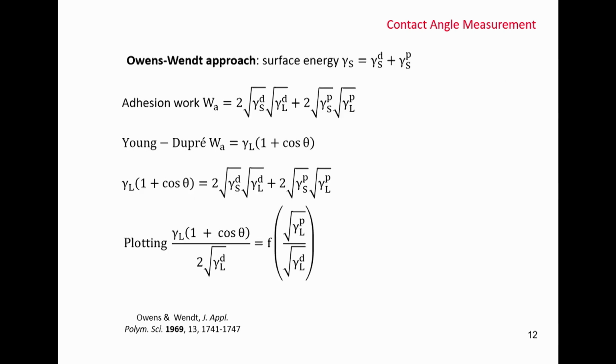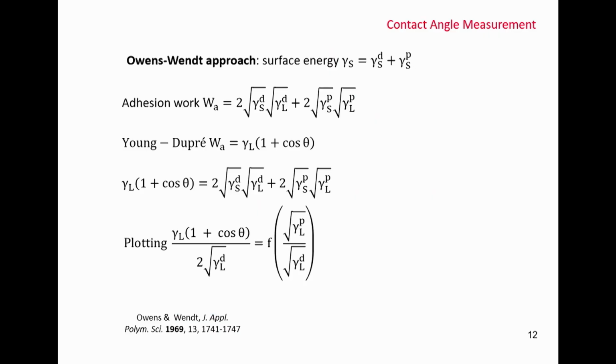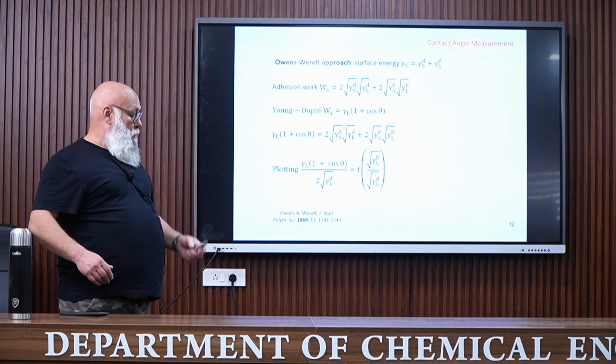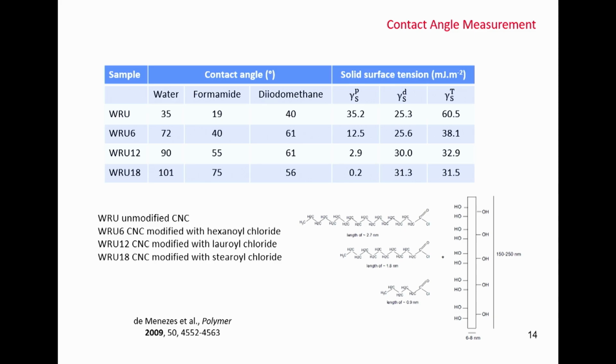And so I showed this approach, which is the Owens-Wendt approach, a calculation. This is a beautiful calculation. And so we can clearly see, it was for cellulose nanoparticles, unmodified and grafted, a very clear decrease of the polar component of the surface tension of cellulose. Yes, and this is a quantification.